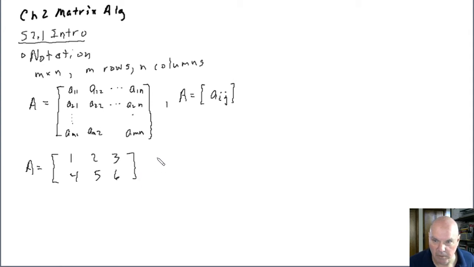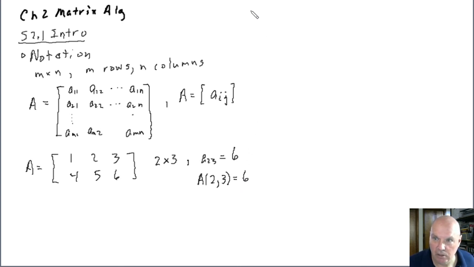So this would be a 2 by 3 matrix, 2 rows, 3 columns. And the A23 element would be the element in the second row, third column, that's 6. This is the notation that's used in MATLAB, for example. A23 would also be equal to 6.